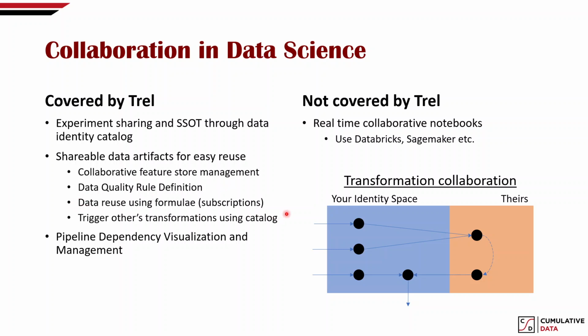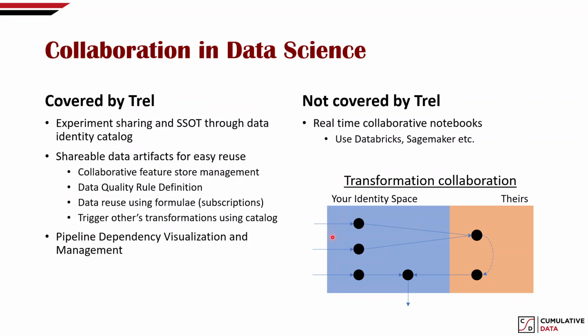A data set or a sequence of data sets with the same data set class can be reused by a team member by using a formula which has as one of the inputs something that is being produced by a colleague. And lastly, it is also possible in Trel to trigger others' transformations by using the catalog.